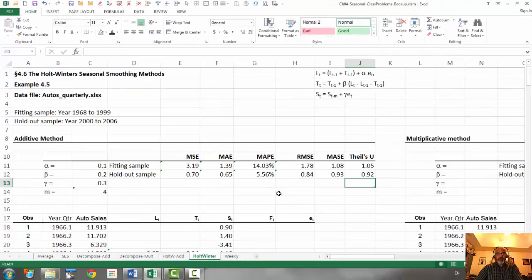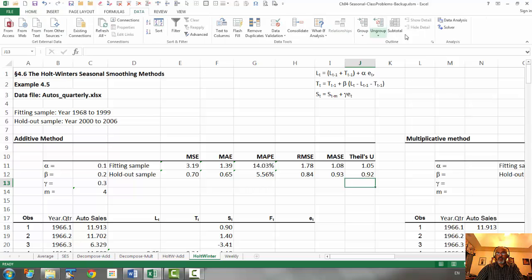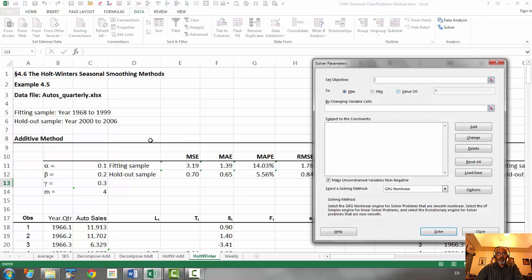So now we have completed the additive model. Now we can run the Solver. Here we want to minimize. Remember, for Solver we must use the fitting sample, not the holdout.